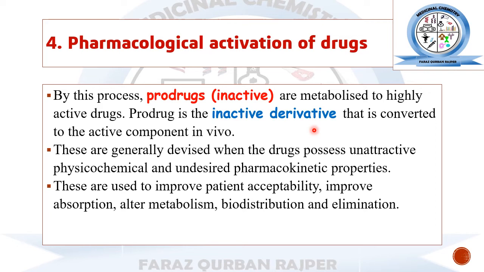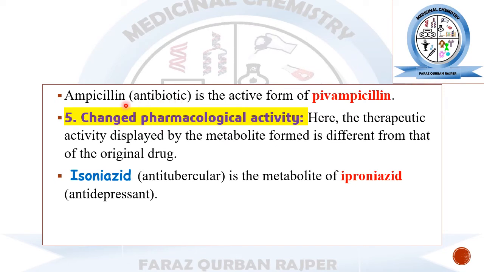In the other lecture we discussed their types and why we synthesize or design prodrug molecules. The factors are to overcome their unattractive physicochemical properties, to overcome their pharmacological ADR, and to attain optimal bioavailability. For example, ampicillin is one of the antibiotics, it is the active form of the prodrug.